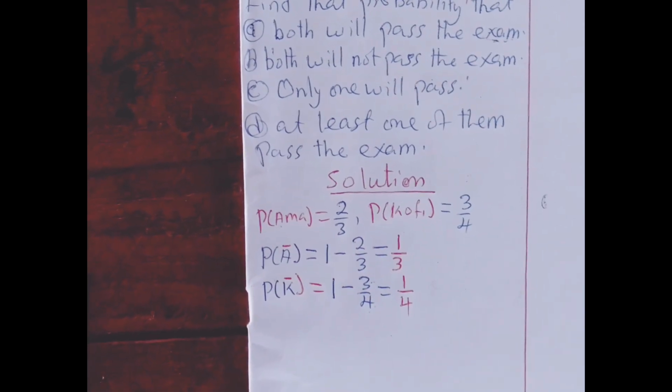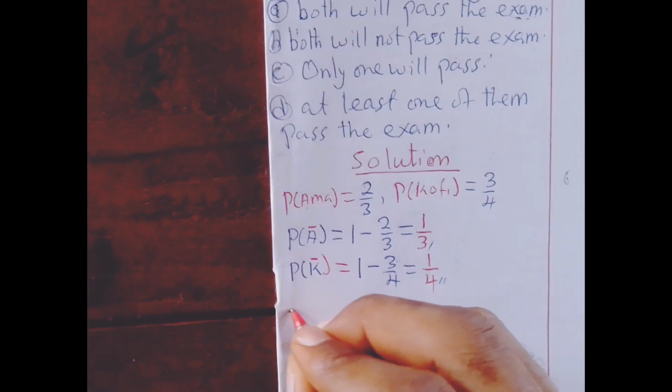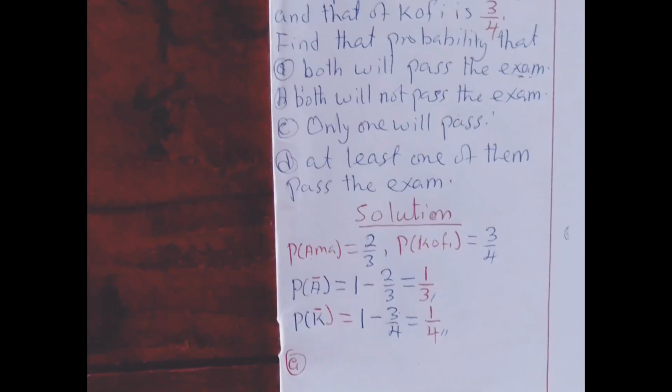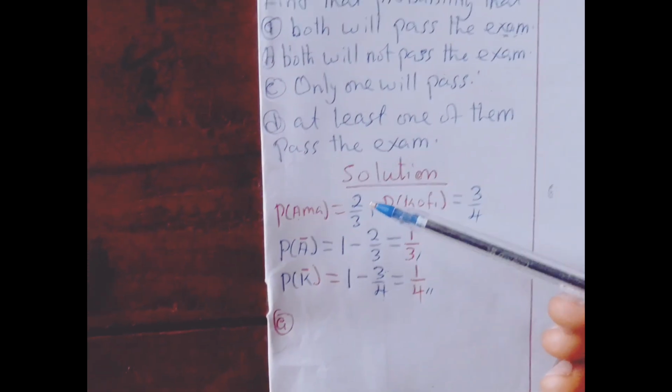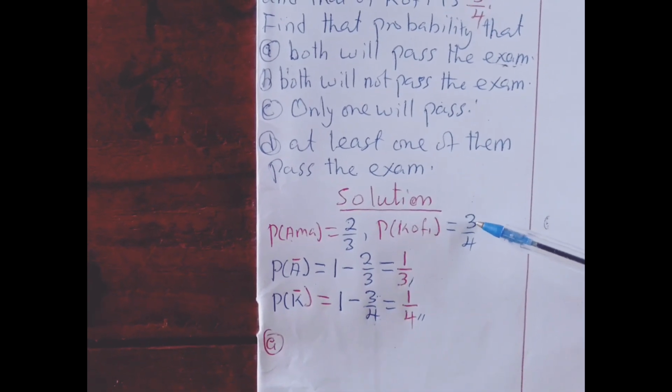All right. Now let's come back to the solution. A says that we should find the probability that both will pass. So the probability of Amma passing is 2 out of 3, and that of Kofi is 3 out of 4.